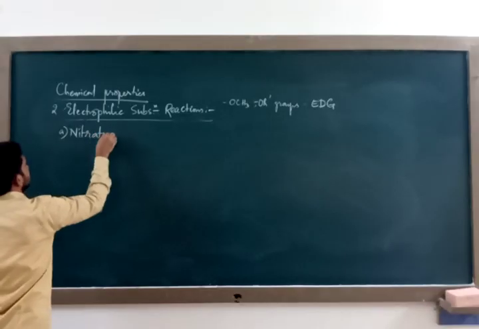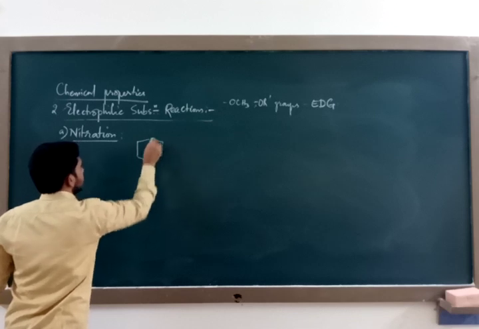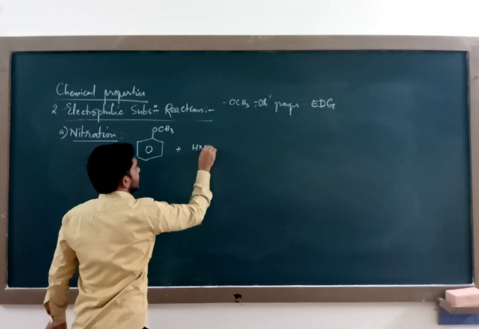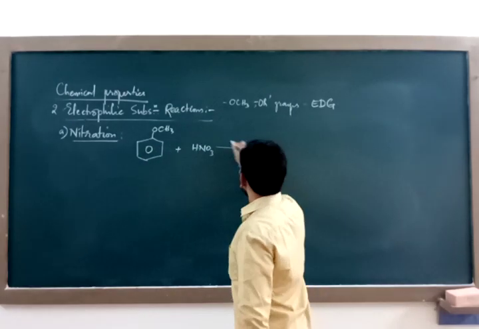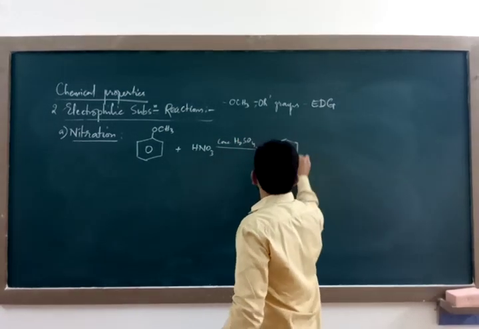For nitration you choose anisole, react it with nitric acid, in the presence of sulfuric acid. So you should have two products.